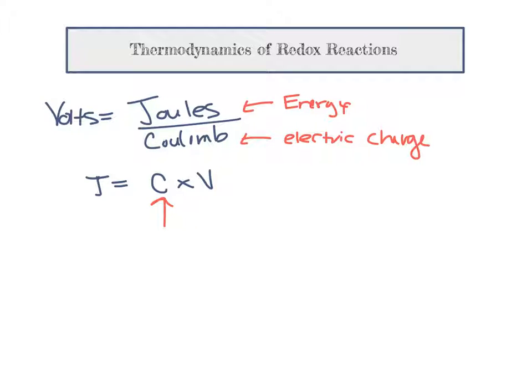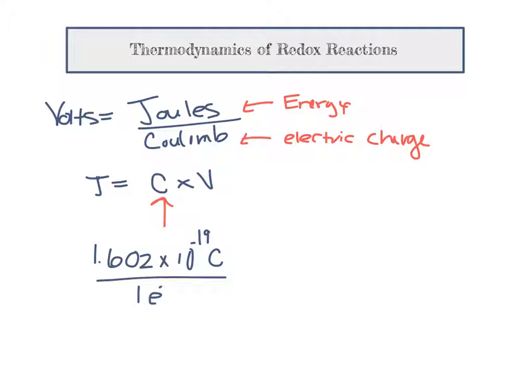Our new constant is really just a ratio of how many coulombs each mole of electrons will transfer. If you think about it, one electron has a charge of 1.602 times 10 to the negative 19 coulombs. And that is for one electron.